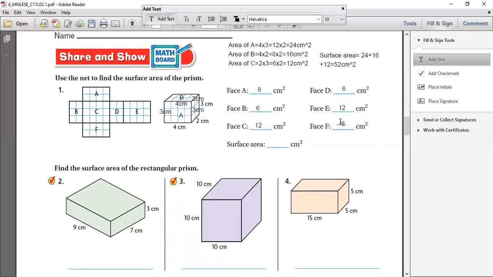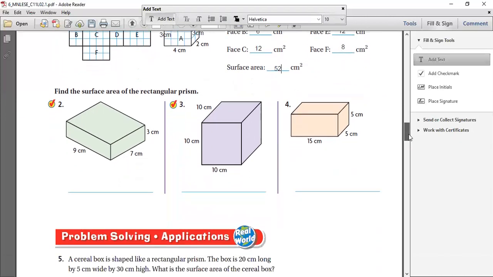And then 12 again. And then 8 again. How much? Of course, you will be getting 52 square centimeters. So the way we did is much simpler, because every time they will not give us the squares. It's impossible, so we have to use this way to find out the surface area.